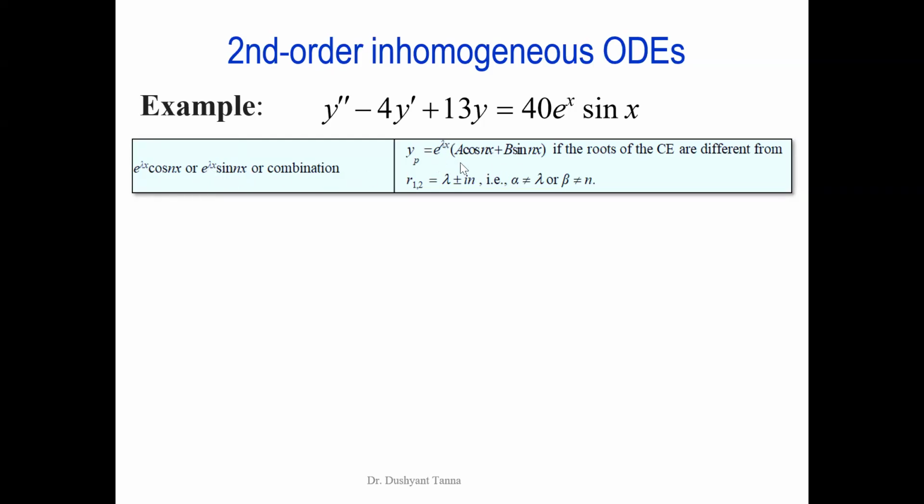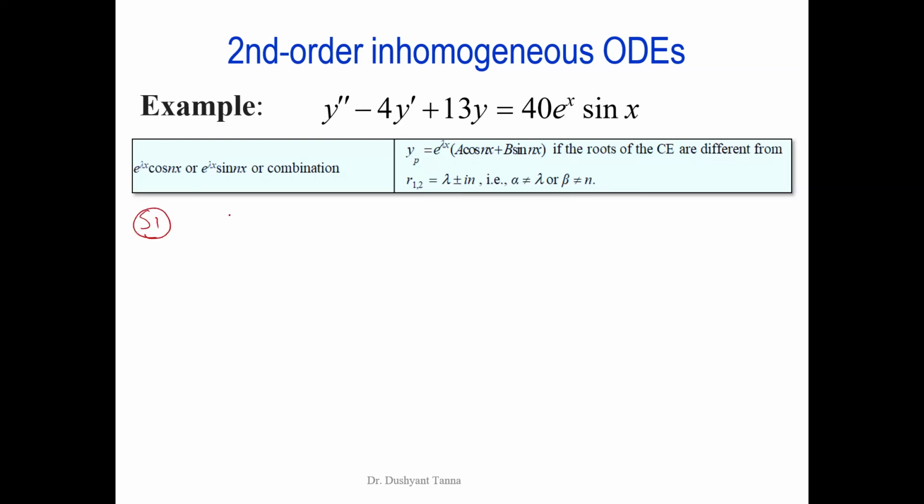So how we do: e raised to lambda x, a cos, b sine. Obviously, a cos will not exist here because it's only sine. So we'll only focus on the sine part. We just make sure that alpha and beta from the characteristic roots are such that alpha is different from lambda and beta is different from n. Right. So let's look at that, step by step.